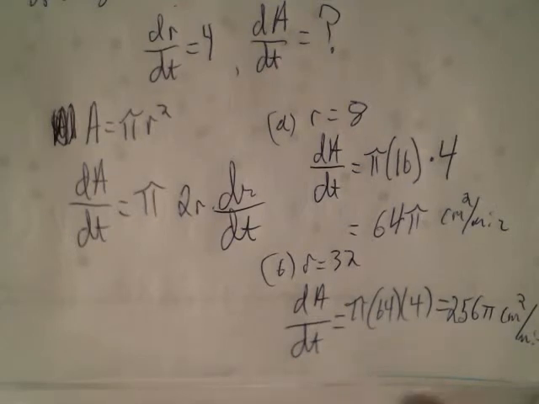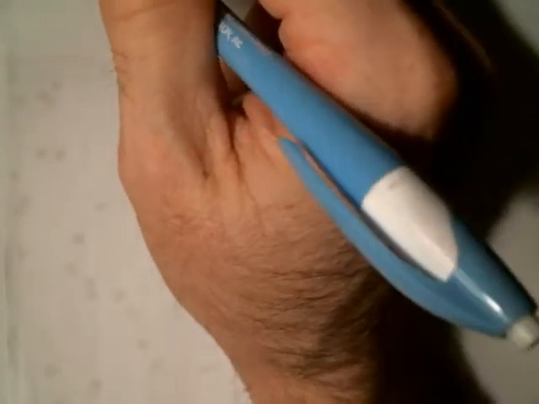Let's look at a sphere version of this problem, the spherical version. So this time the radius of the sphere is increasing at 3 inches per minute. Problem 13 in the book.